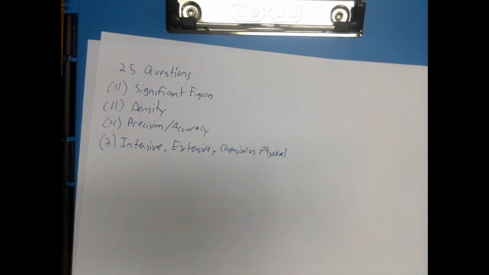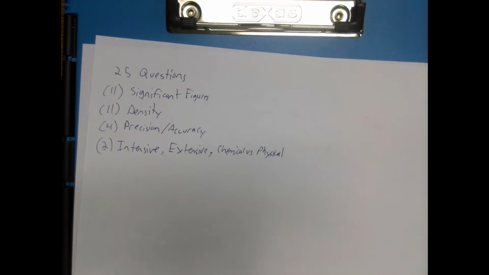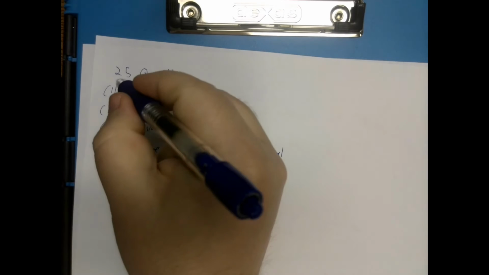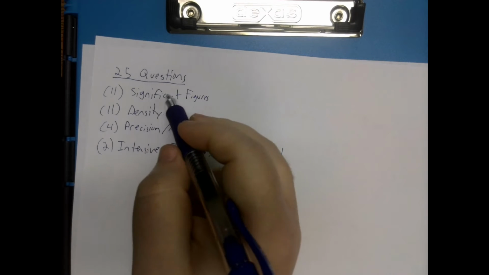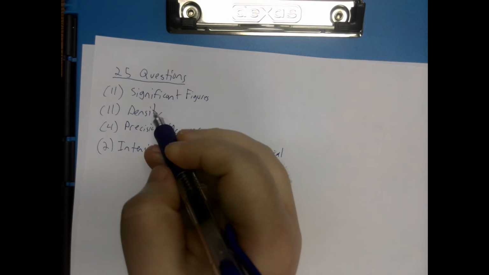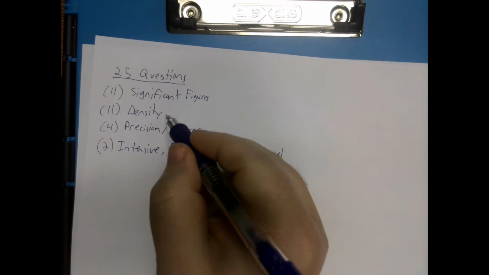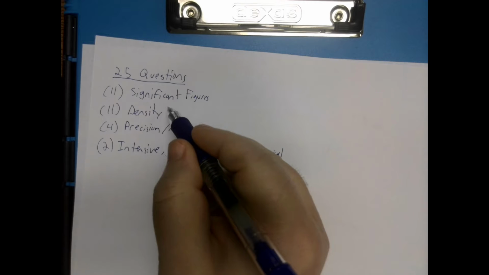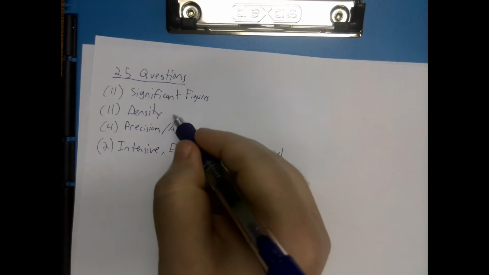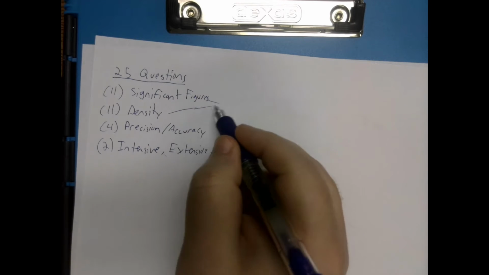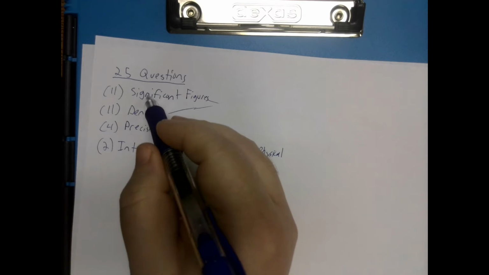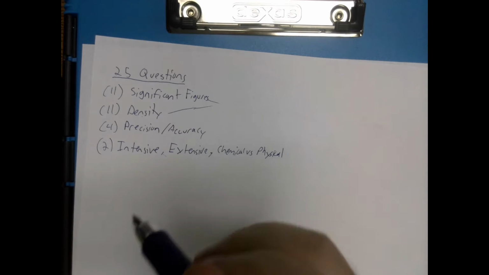By the way, if you're very observant on how I'm wording this, I clearly stated there's 25 questions. 11 of those questions deal with significant figures. 11 of them deal with density. That is not exclusive. We can have a question deal with both density and significant figures. In fact, there is some overlap.